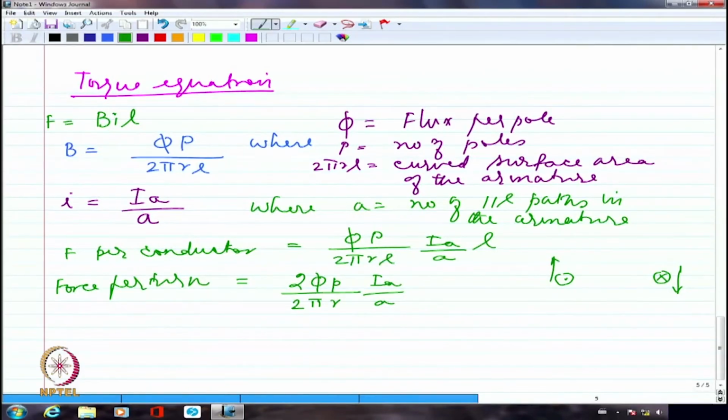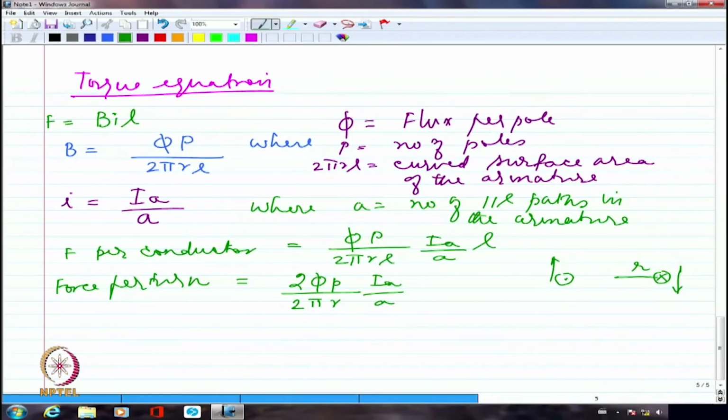So if I want the torque, I have to multiply this by the radius of rotation, and the radius is actually R. That's what we assumed. That's why we took the curved surface area as 2 pi R. And all these conductors are going to act in synchronism. Basically all of them join hands ultimately to provide the complete rotational motion.